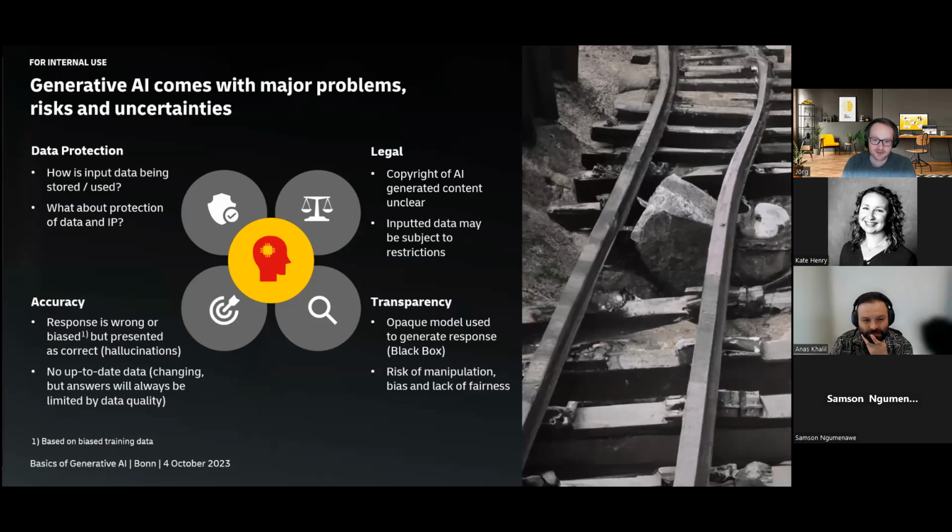Then, of course, accuracy is still an issue. It could be biased, of course, because it was fed on public data. If you have read Reddit or any social media, you know how much bias there is. And you have this whole issue of hallucinations, which they are trying to address, but which still pops up from time to time, especially in the older models.